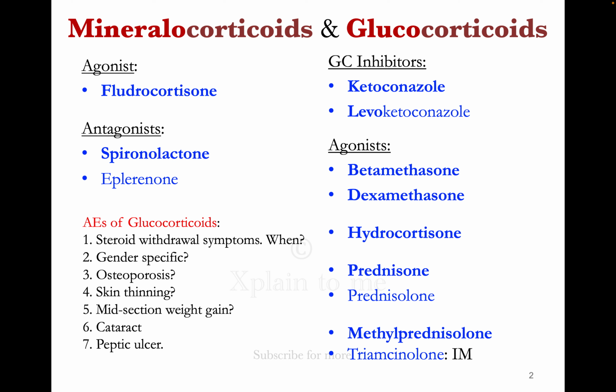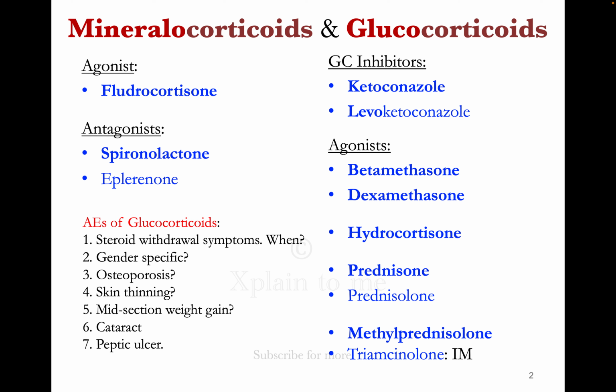And another point is about protein from the muscle. The body weight gain will be because of fat accumulation, not because of muscle, because muscle thinning will be there. Muscle wasting is also a characteristic of this therapy.